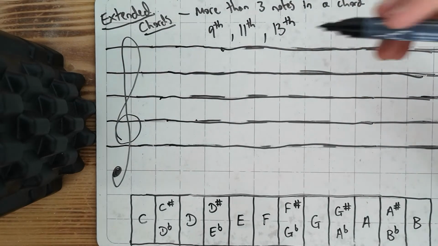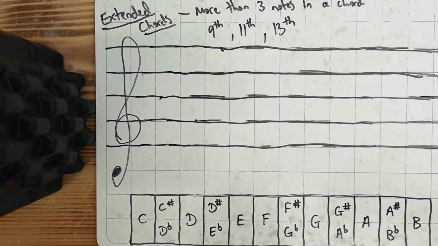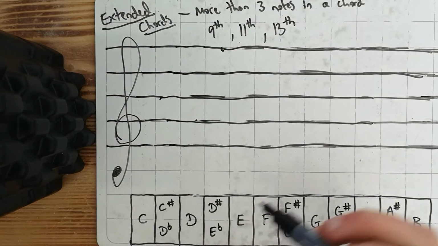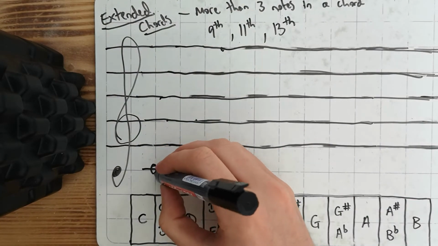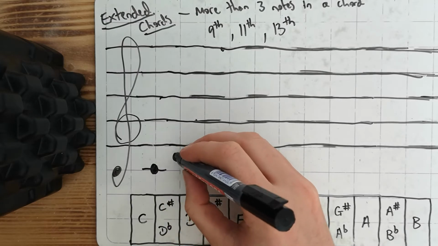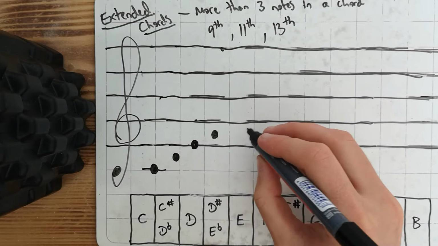Okay, and this is where knowing your different scales and knowing your key signatures, okay, key signatures we've done already, knowing those really is beneficial here. Okay, so let's take C first of all. I'm going to draw out my C scale, my C major scale.